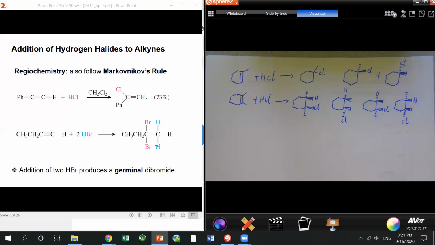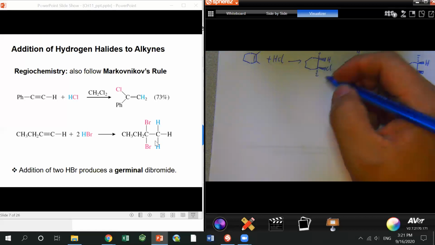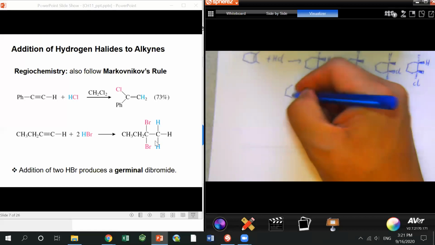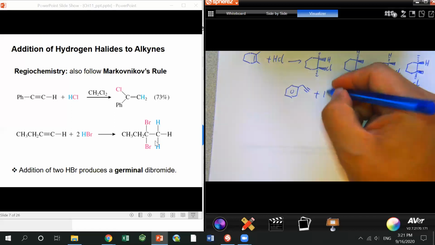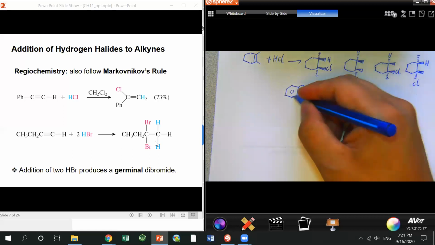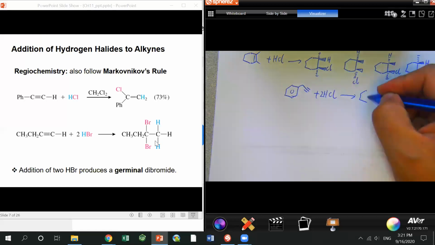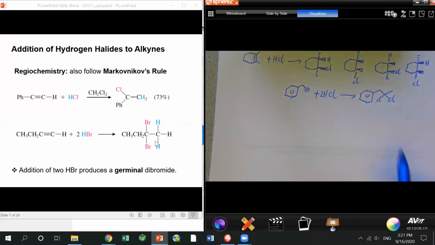Just quickly, another example: addition of the halide to an alkyne. Both Cl go to the internal carbon, so we call this a geminal dichloride.